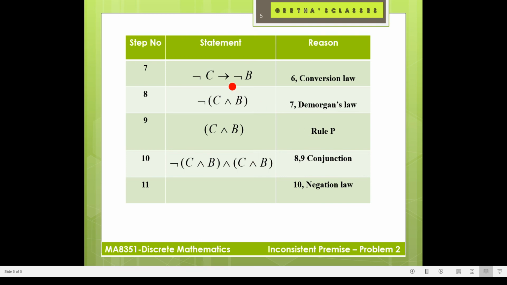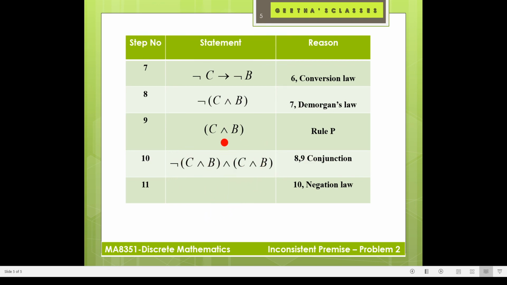Now you combine 8 and 9. Here C and B is there, and here not of C and B is there. You can combine these two steps by using conjunction, so using 8, 9 conjunction, we arrive at the 10th step. Now we can say not of P and P is false.